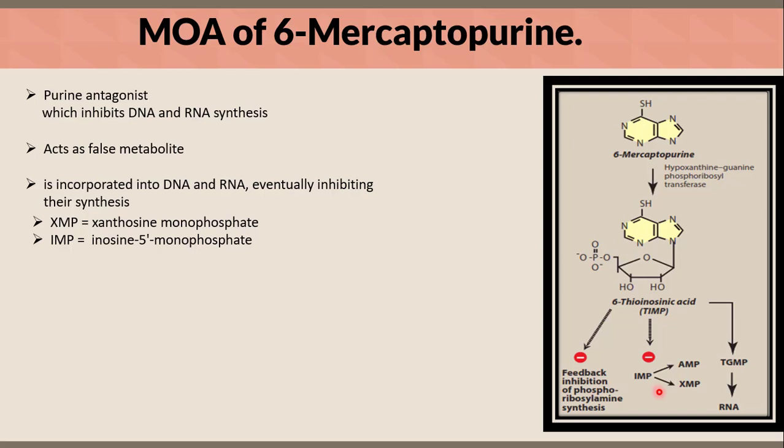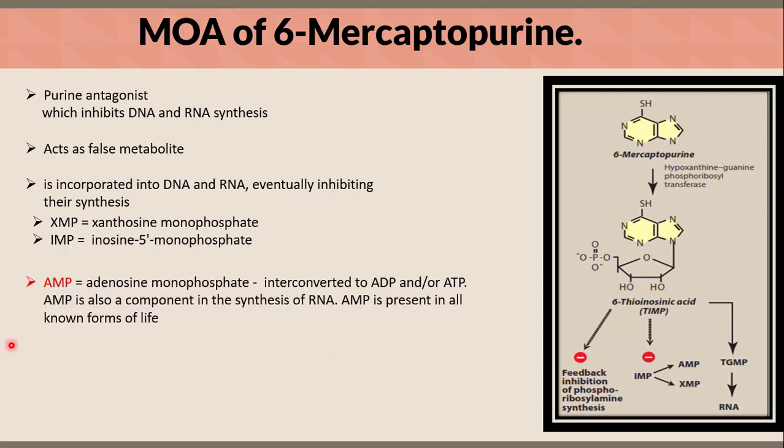When it comes to AMP, or adenosine monophosphate, it is interconverted to ADP, or adenosine diphosphate, or ATP, or adenosine triphosphate. AMP is also a component in the synthesis of RNA, and AMP is present in all known forms of life.